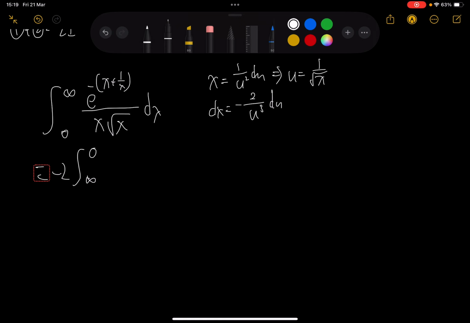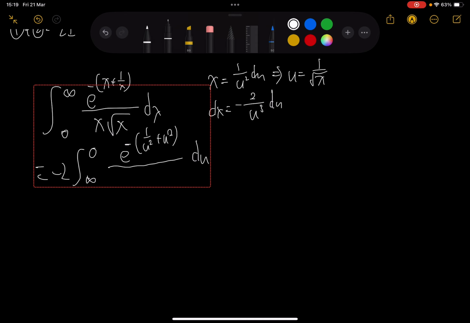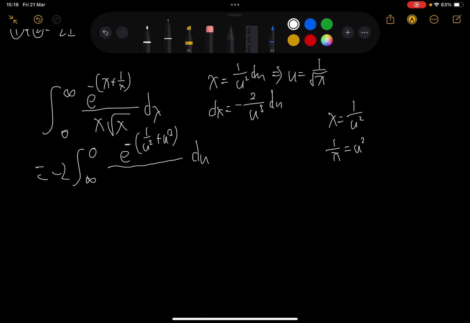And then e power of negative x, which is equal to 1 over u squared, and then 1 over x, which is u squared, reciprocal. And then u cube. What's our u cube in terms of x? So you can get x is equal to 1 over u squared. Reciprocal both sides, you can get 1 over x, which is equal to u squared.